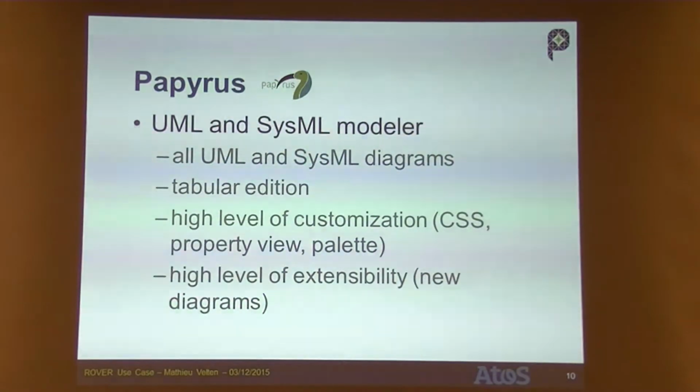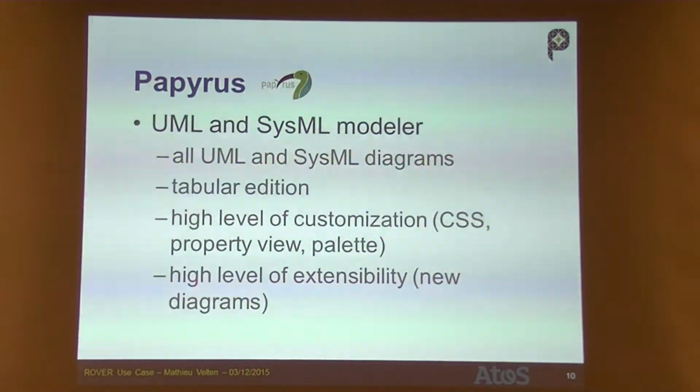So what is Papyrus? Papyrus is a UML SysML designer. It's the official one of Eclipse. It supports all the diagrams. It also has some tabular edition for an easier handling of links, for example. You have a very high level of customization. You can customize your diagrams using CSS. You can customize the property view, but also the palette, which is used to create the element in the diagram.